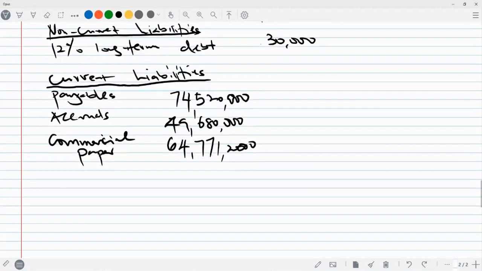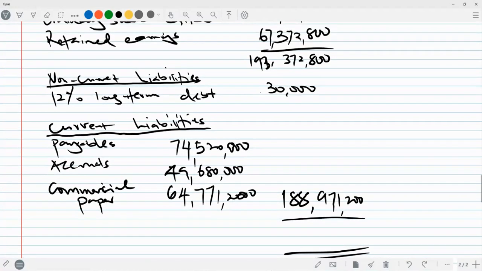Therefore, total current liability is how much? $188,971,200. Then add the current liability, the retained earnings and the equity.